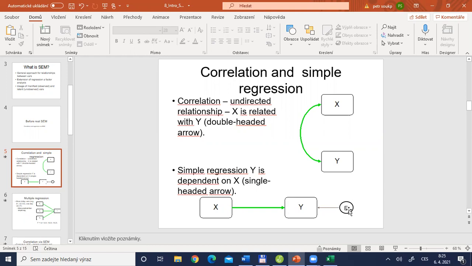So the variance of the random error is very important for the computation of R-square. That's the first part we need to estimate. So not only the slope, but we also need to estimate the variance of this random error.